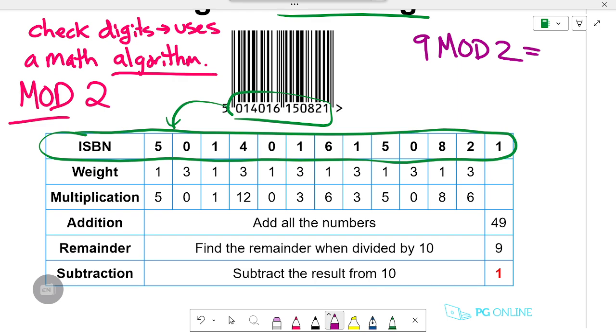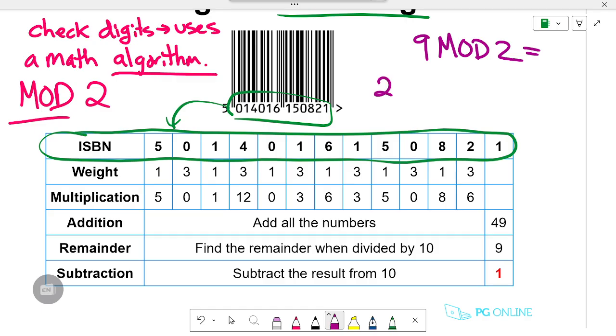If I do 9 mod 2, what is the result? Do you know mod? What does mod mean? Mod means to divide, and what is the remainder?